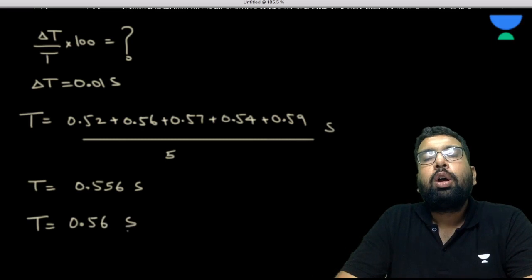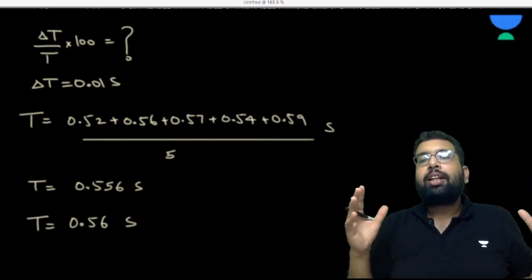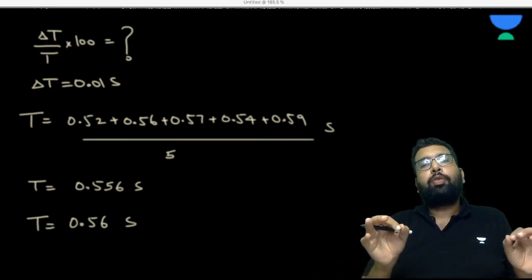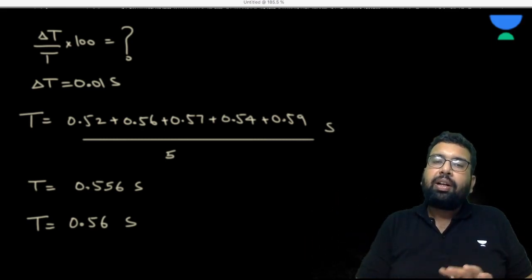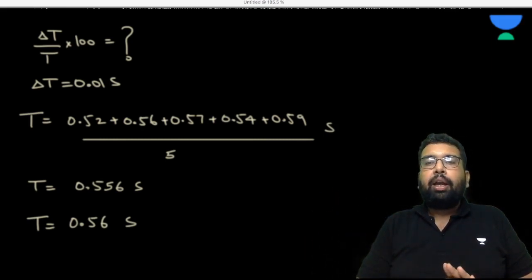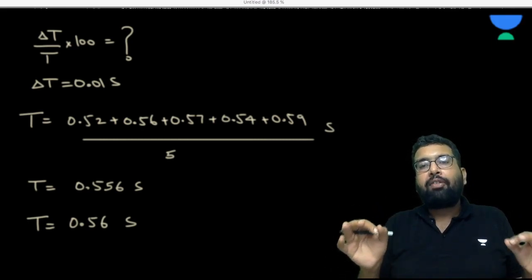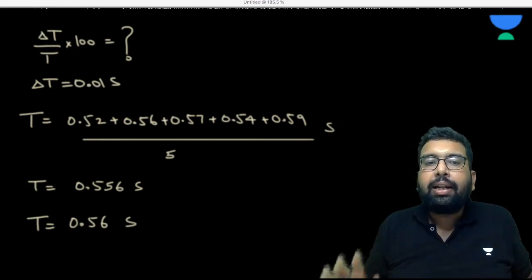Why so? Because whenever significant figures are added in errors, you always have to be careful about the significant figures. When significant figures are added, the final answer must have the same number of decimal places as the value with the fewest decimal places.